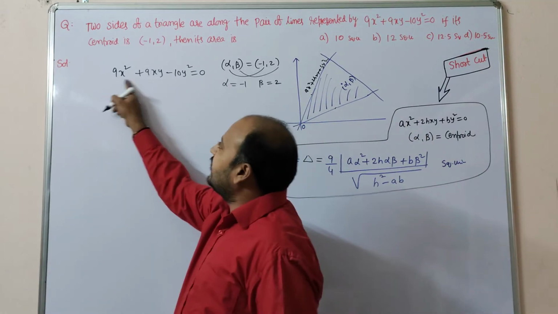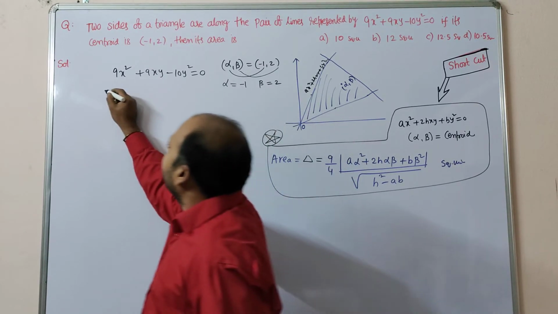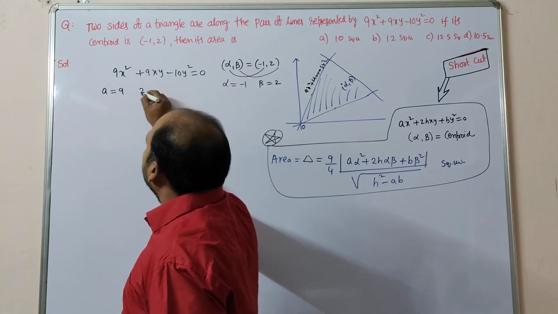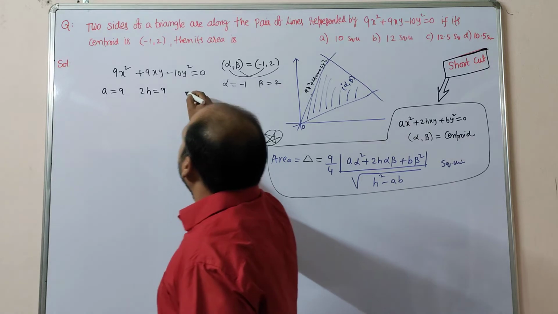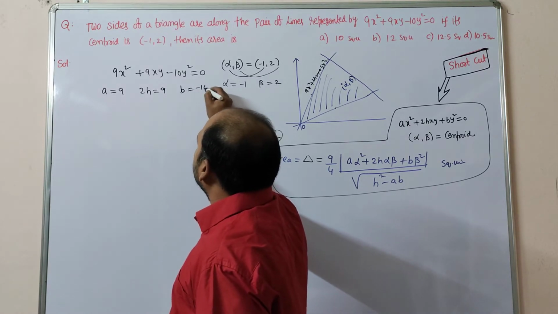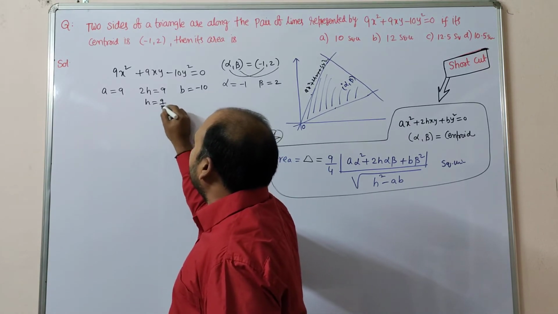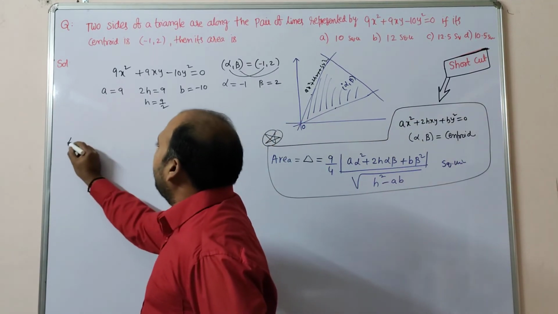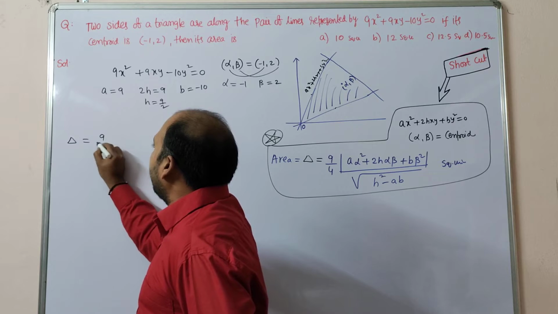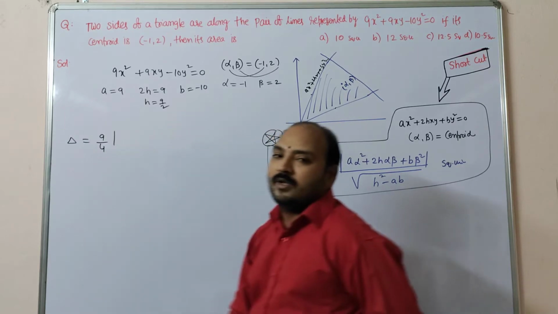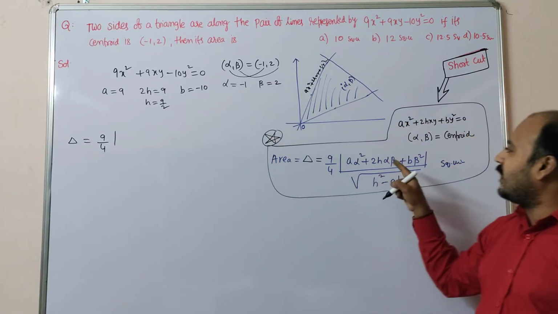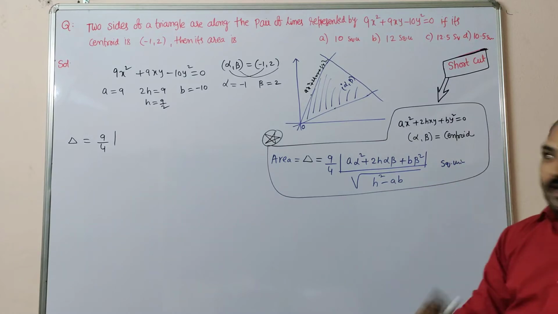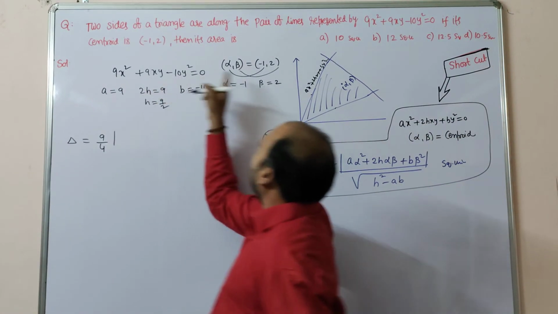This equation compared with ax square plus 2hxy plus by square: a is equal to 9, 2h is equal to 9, b is equal to minus 10. So h is equal to 9 by 2. Now the required area delta is equal to 9 by 4 into mod. The meaning of a alpha square plus 2h alpha beta plus b beta square is, wherever x comma y is there, substitute alpha beta.